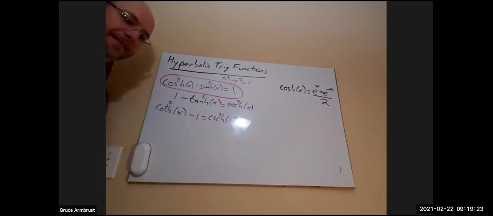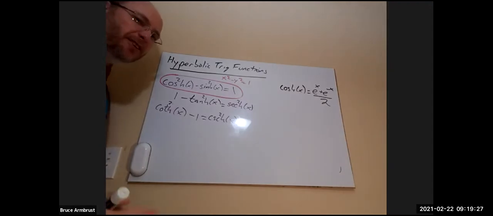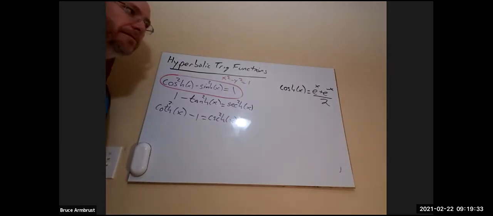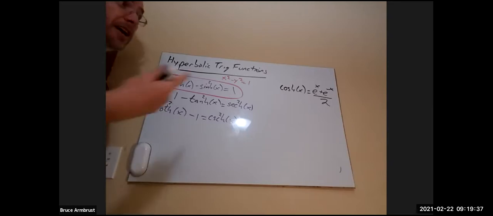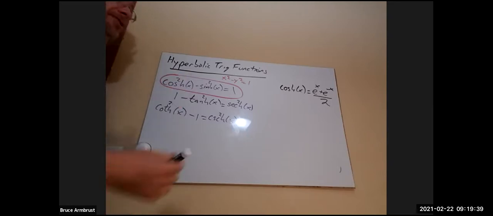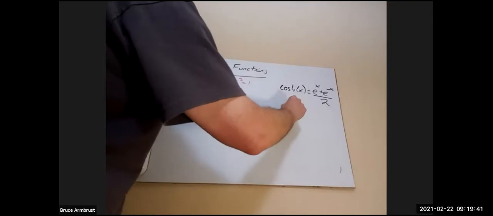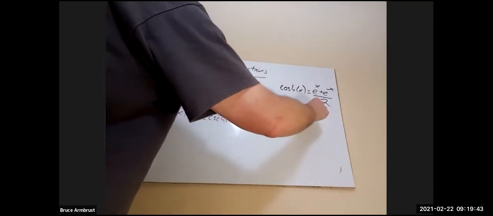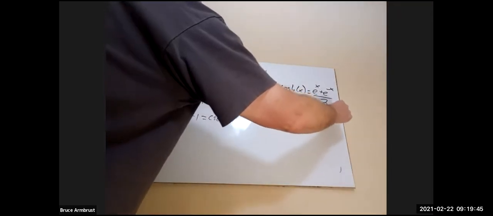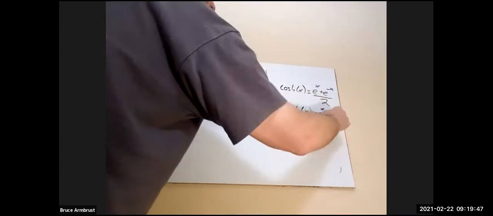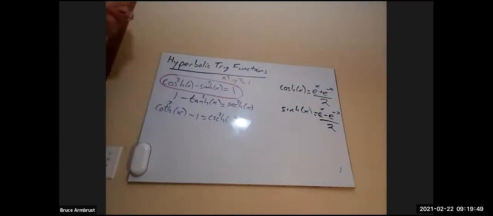That's how this thing is defined in terms of exponential functions. Turns out you can define regular trig functions in terms of exponential functions as well. We just don't usually do it. These we tend to do it. So this is cosh, and then sinh, very similar. It's just e to the x minus e to the minus x over 2.